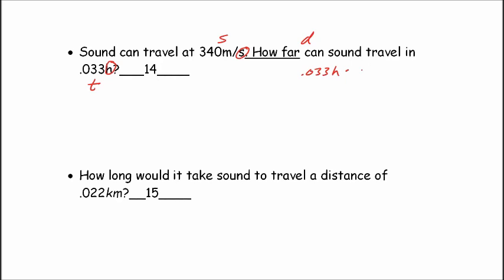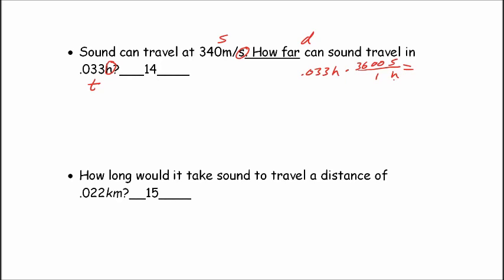And then we're going to multiply that by a conversion factor that will cancel hours and leave that time unit in the desired unit, and we want seconds. So seconds goes right here. So now the question is, 1 hour is equal to how many seconds? And if you've worked that out, or if you know it already, 1 hour is equal to 3,600 seconds.